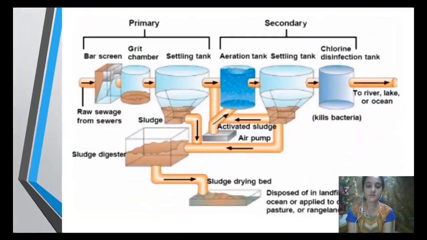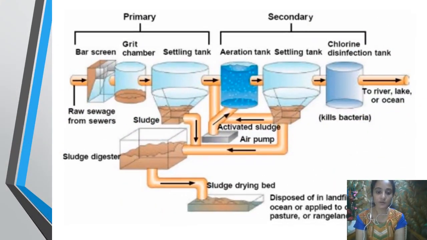This is a picture of the primary treatment and the secondary treatment. So we can see here this is the primary treatment and this is the secondary. In primary treatment, there are bar screens, a grit chamber, and a settling tank. In the settling tank we can see the above one is called the effluent, or the supernatant, and this is the sludge.